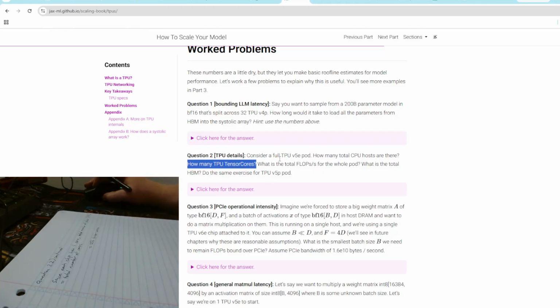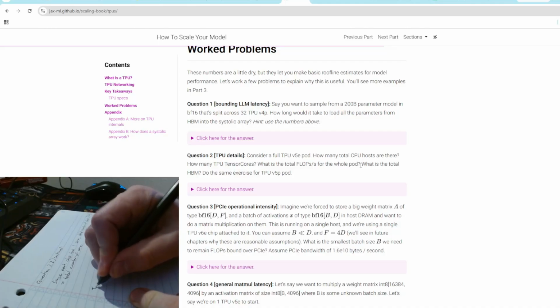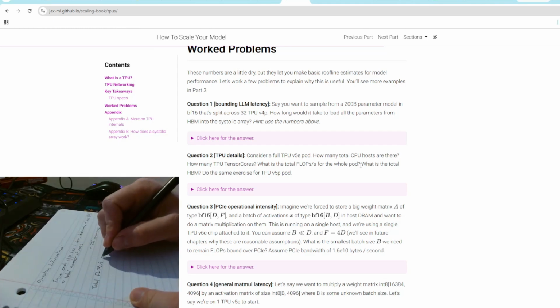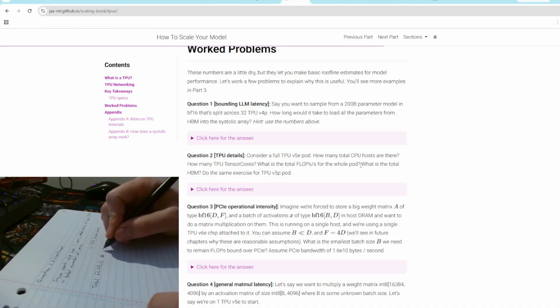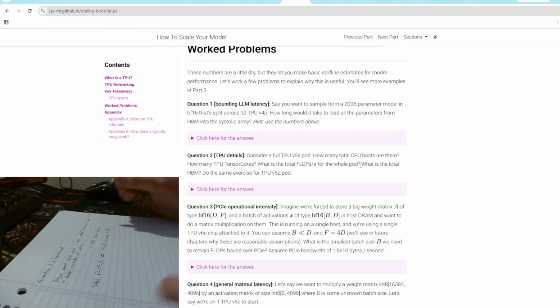Okay. What is the total flops per second for the whole pod? So what we want is, let's write total flops per second equals flops per second per core times 256 cores.